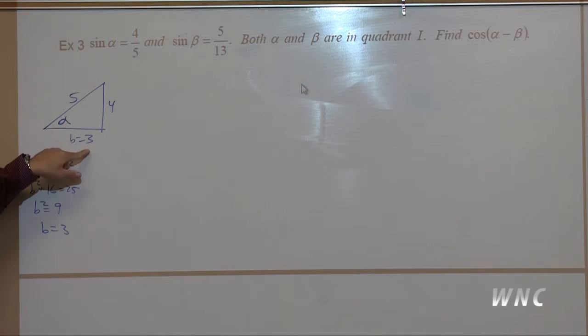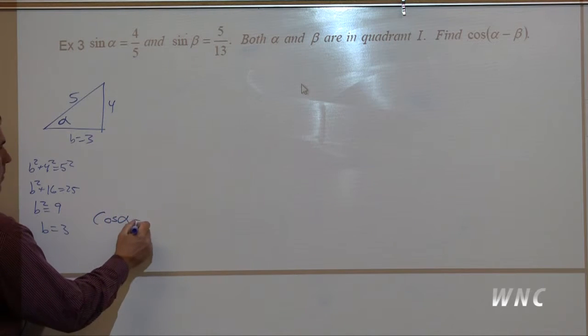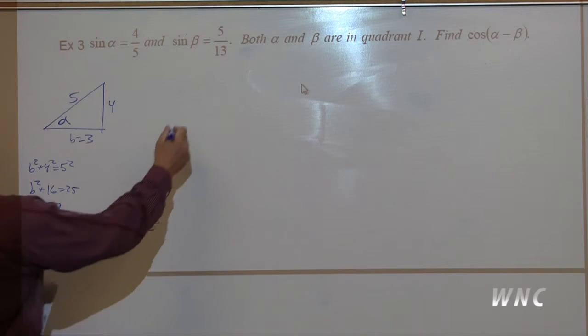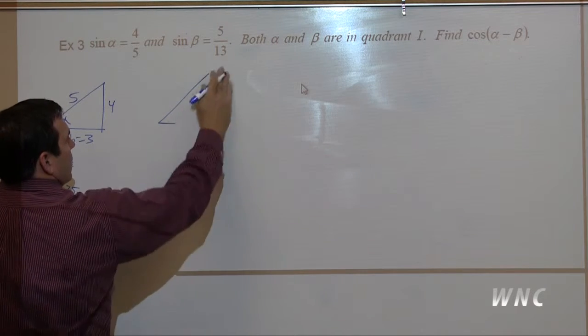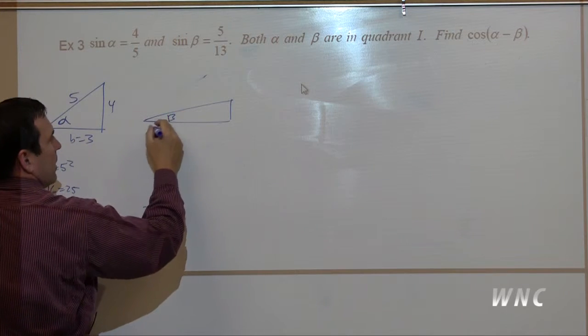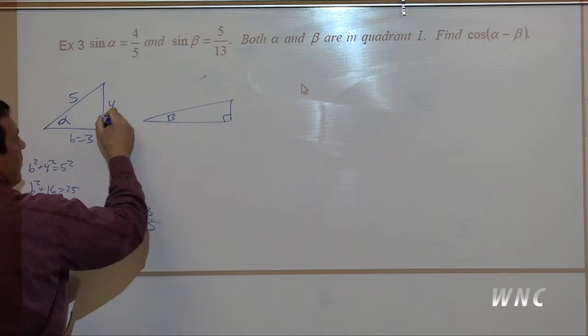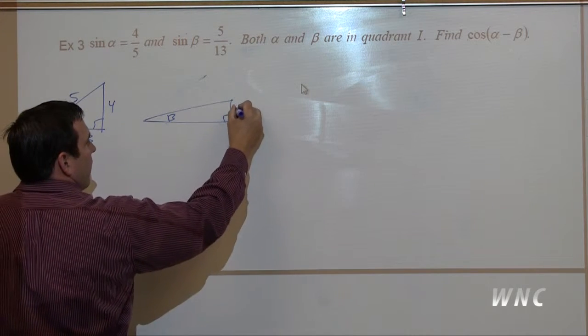Cosine is the adjacent side over the hypotenuse. And we know sine of beta. Let me draw it the other way. Here's our beta. Sine of beta is always opposite over hypotenuse, so it's 5 over 13.